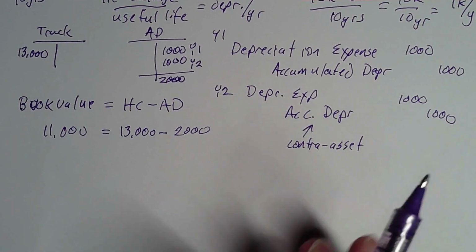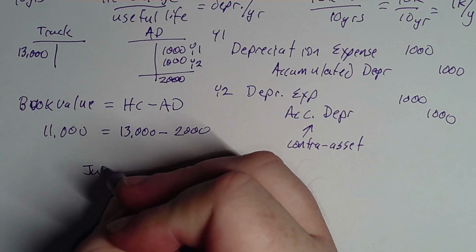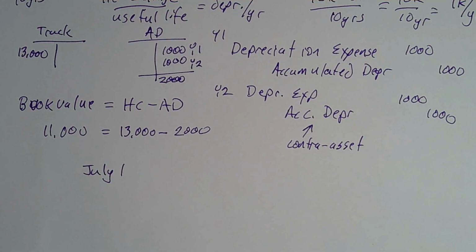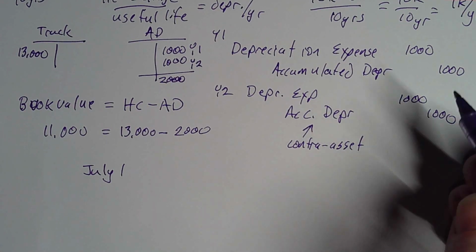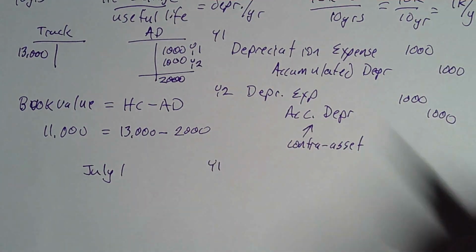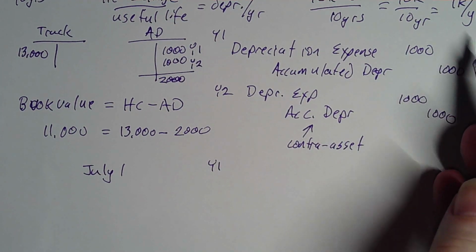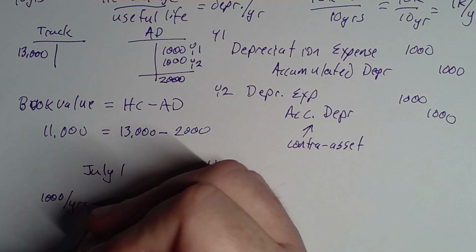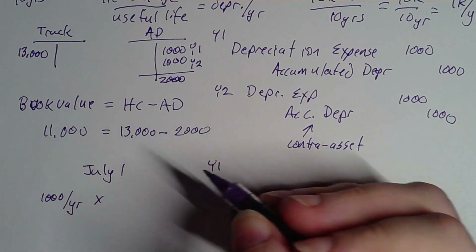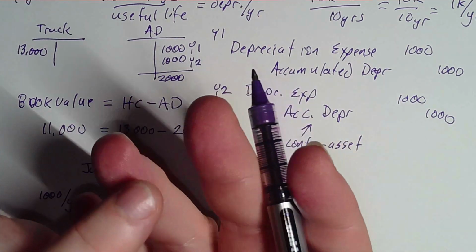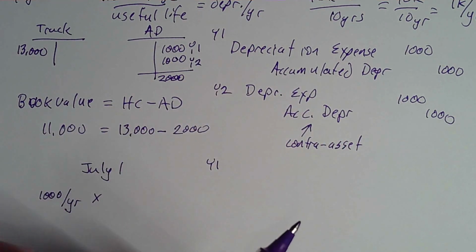So for example, if we bought this on July 1st, which is the beginning of the 7th month, meaning it's halfway through the year, that first year, I would say year one, we would say the depreciation is going to be $1,000 a year, but we didn't do it for a full year. How many months? All of July, August, September, October, November, December, January.